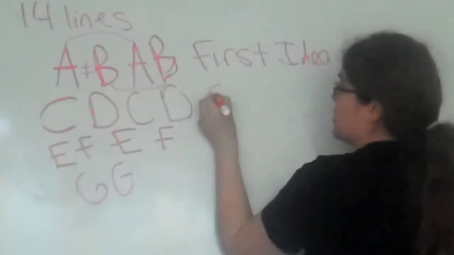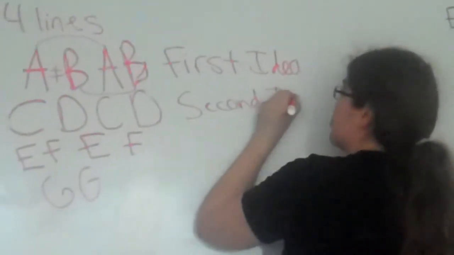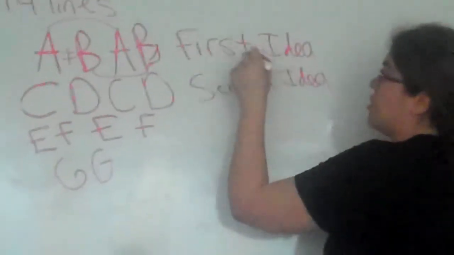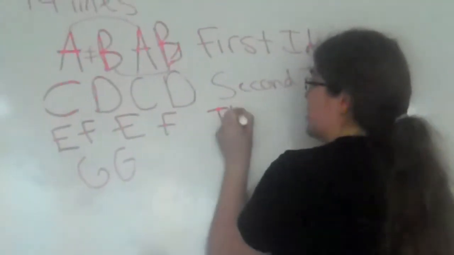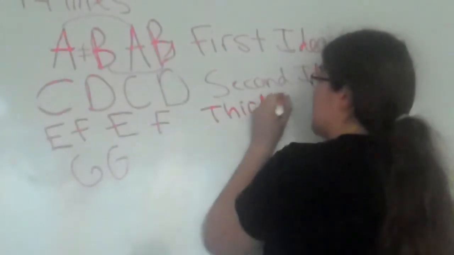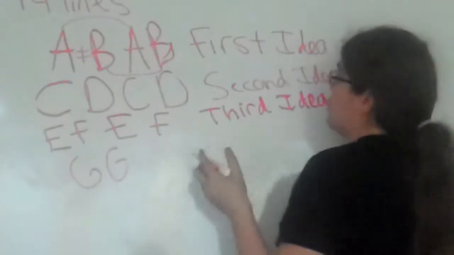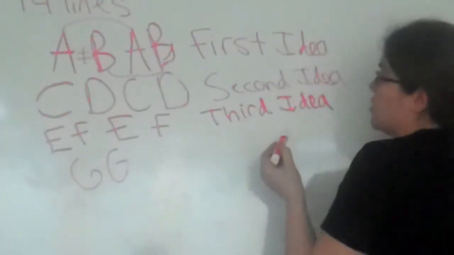The second quatrain has the second idea, which ties in with the first, and the third quatrain is the third idea, which, if you're doing it the non-traditional way, will tie in with the first and second idea.